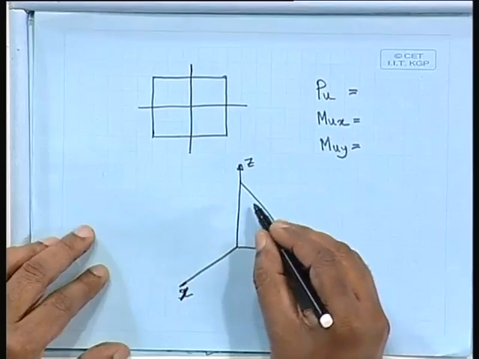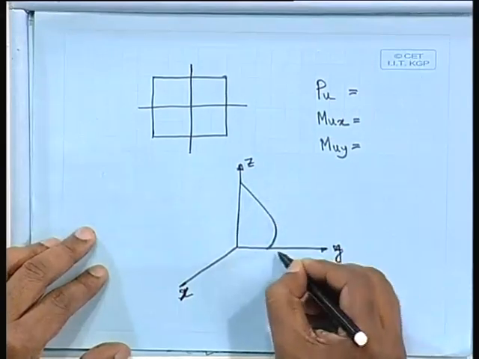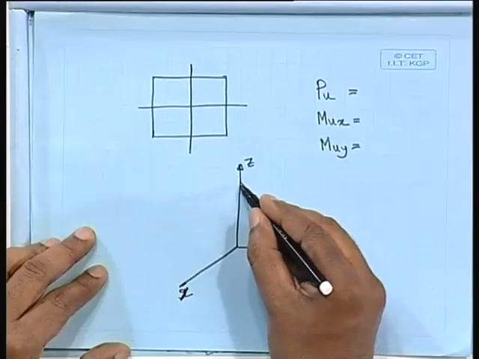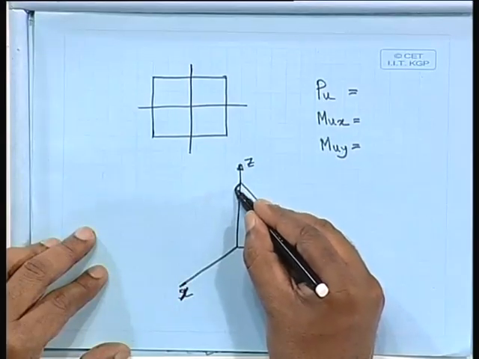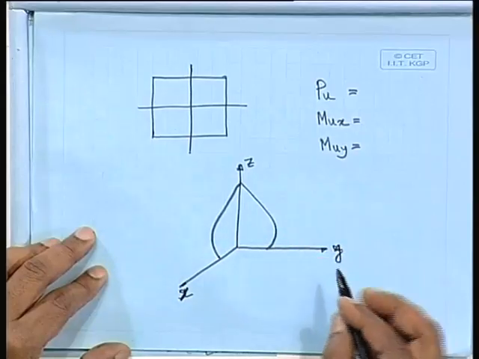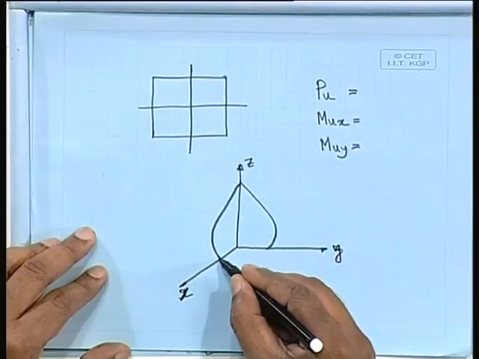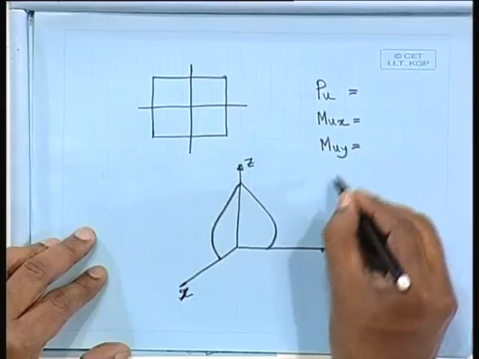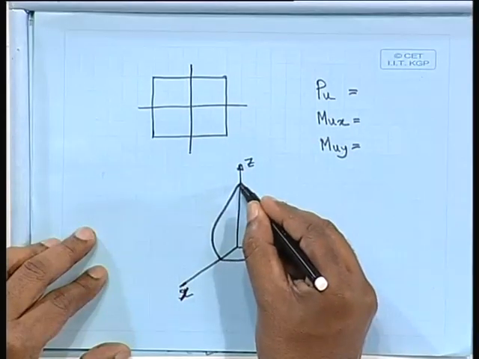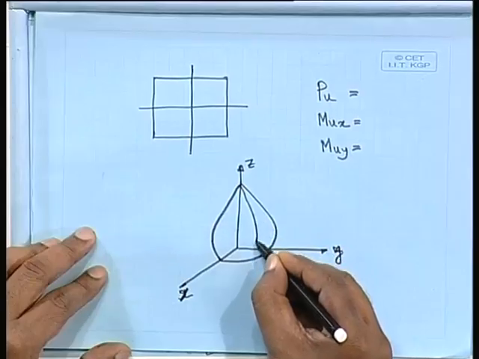This is the interaction diagram about one axis. Similarly, about the other axis also, it can have something like this, and because we are having Mux and Muy, we can have the resultant also, that way also we can find out.